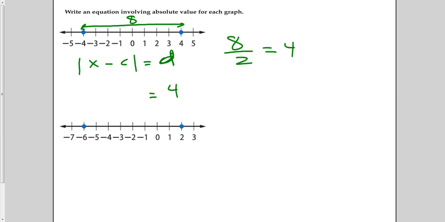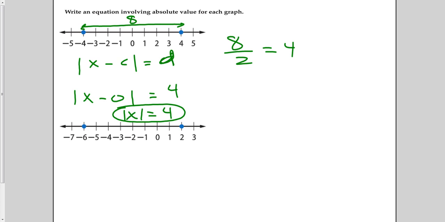Well, 4 away from -4 is 0, and 4 away from +4 in the other direction is 0. So I'm going to end up with x minus 0 in my absolute value. But when you subtract 0 from the x, you should end up with x. So my actual equation is just going to be the absolute value of x is equal to 4.